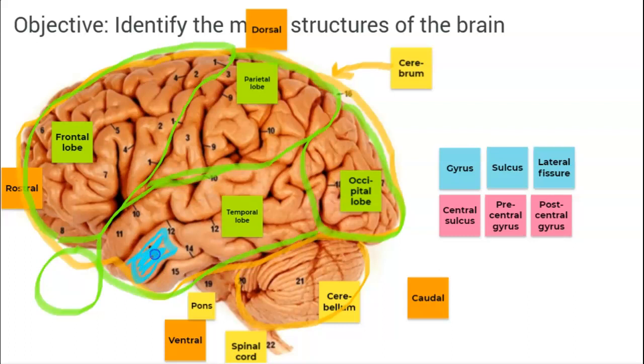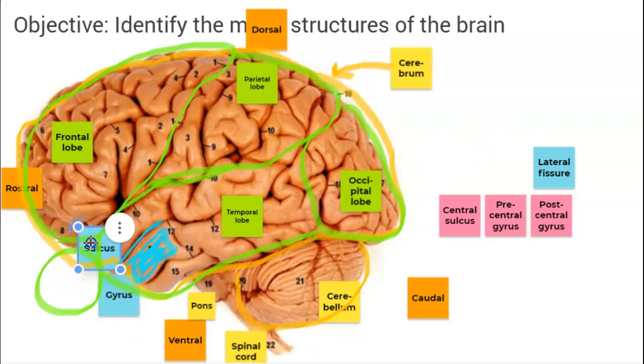So a gyrus is the hill, whereas the sulcus is the valley. So the gyri are all the bumps, and the sulci are all the dips. So a gyrus is a bump, the sulci are the dips, or the valleys that go in between the hills.